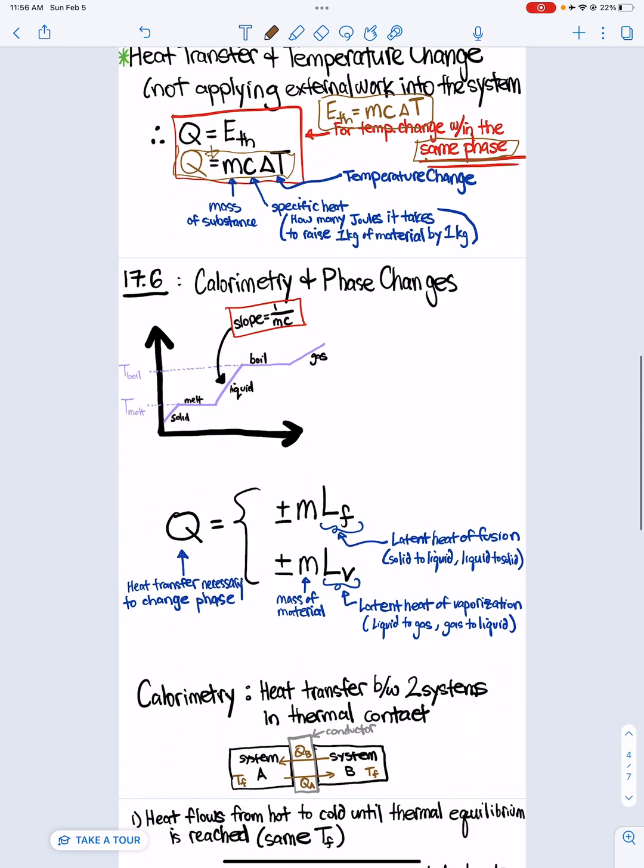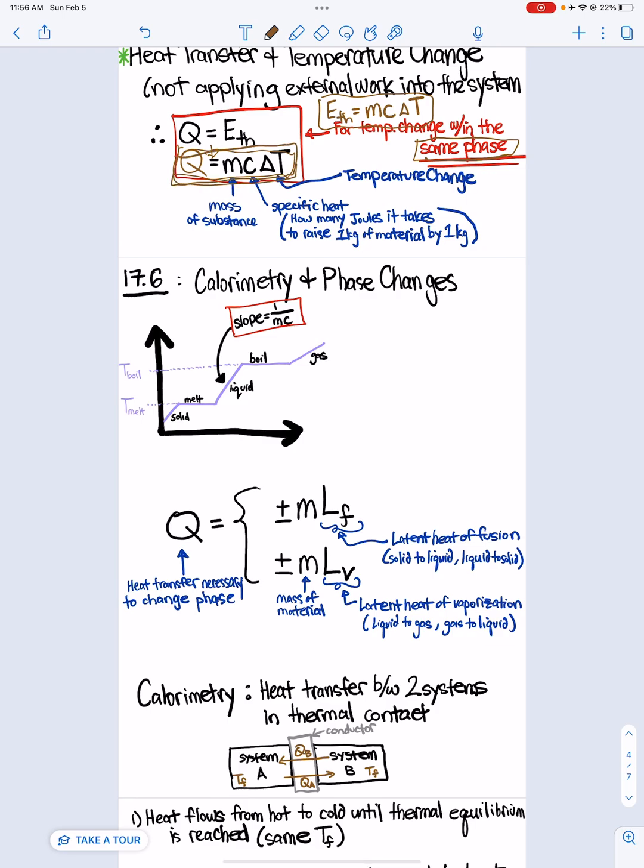If it does change phase, let's say it goes from ice, which is a solid, to liquid water, which is obviously a liquid, then this formula right here is not going to be complete, because this is only for the heat transfer due to temperature change within the same phase.